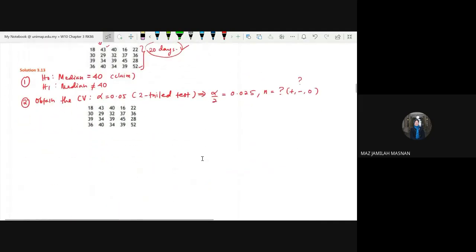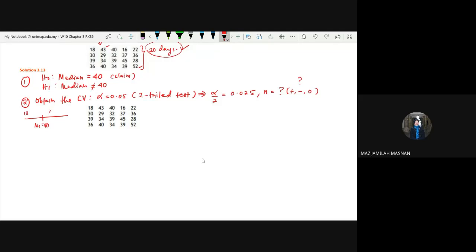Your line of calculation will use your hypothesized value, which is 40. So look at every data value in your data set. Begin with 18. 18 and 40 will give you a negative sign because it is located here.